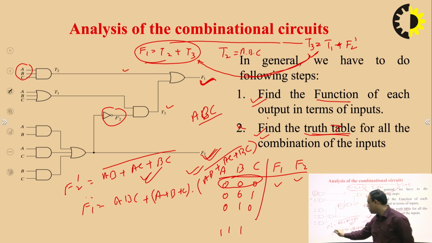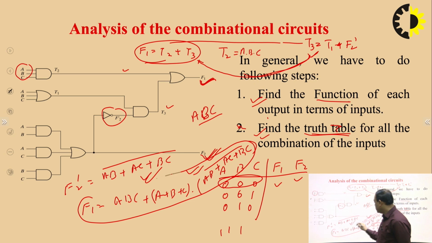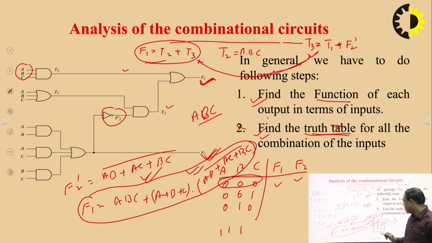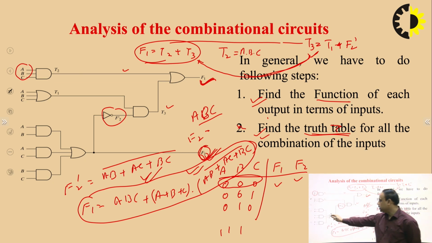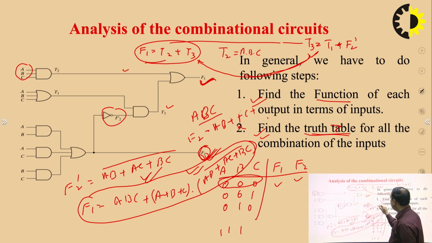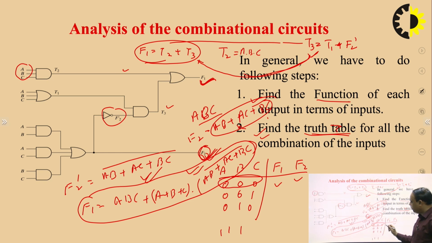This is the function for which we have to generate the truth table. In a similar way, this is for F1, and F2 is nothing but this function, that is equal to A dot B plus AC plus BC. So for each combination of the inputs A, B and C, we have to produce F1 and F2. Let's suppose we take the example of F2, because F1 is somewhat complex.